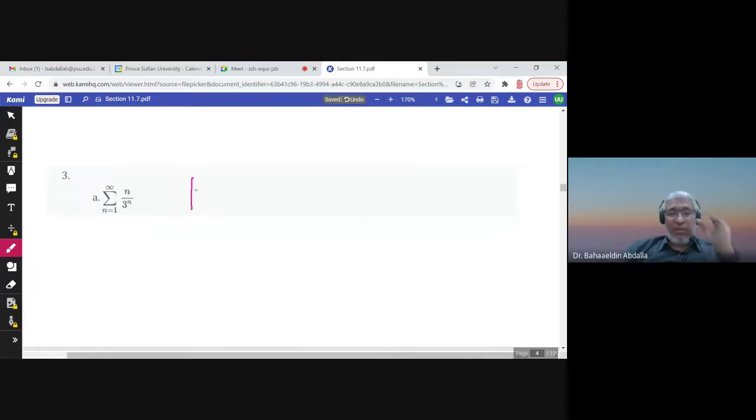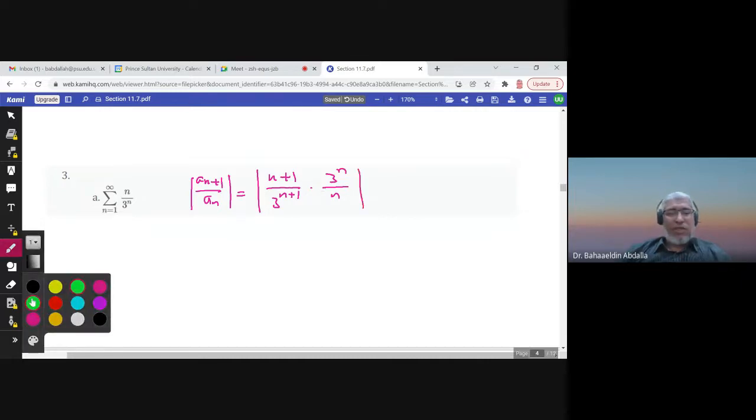Well, here I have 3 to the power n, I have n, so I will use the ratio test. an plus 1 over an. So n plus 1 over 3 to the power n plus 1 times 3 to the power n over n. There is a cancellation.